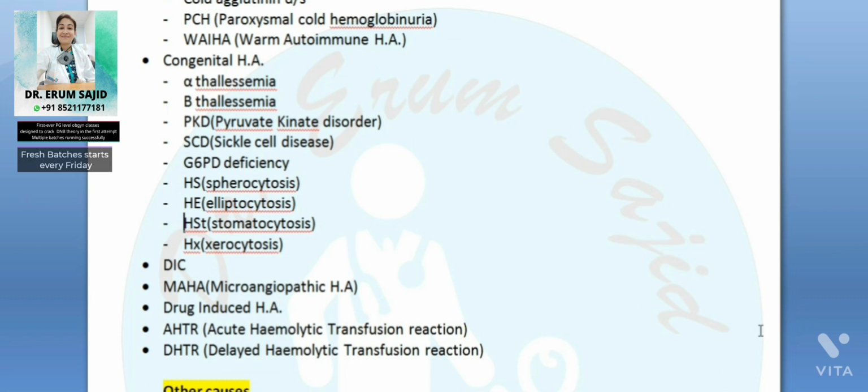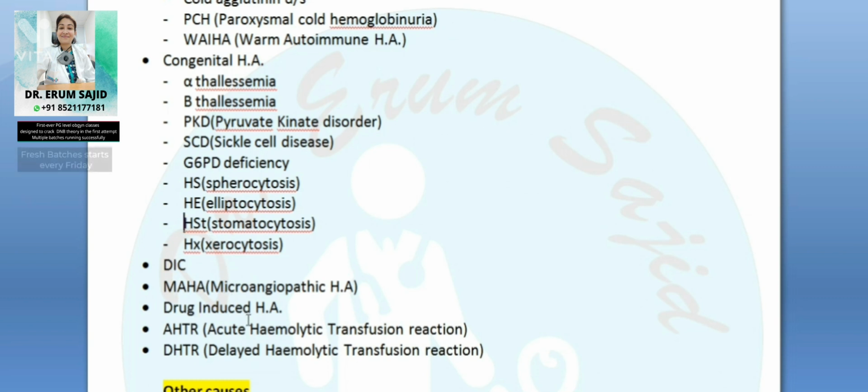The only difference between MAHA and TMA, that is thrombotic, is that thrombosis is also there, and because of thrombosis the vessels become microangiopathic, and that is the reason why there is hemolysis in that. So that means there is also platelet disorder. But over here, if you're talking just about MAHA, that is just micro, and the reason could be many. As I go, I'll tell you about it.